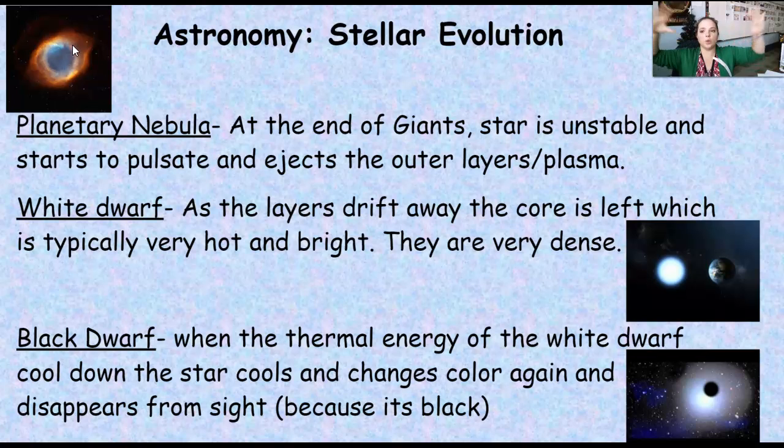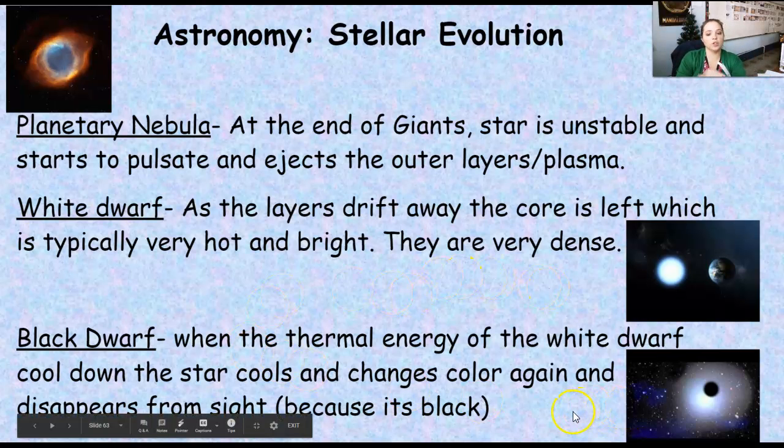And after all those layers drift away, only the core is left, which is typically very, very hot, very, very dense, and that's a white dwarf. And then after the white dwarf, you get the black dwarf. When the thermal energy of that white dwarf cools down as far as it can go, it changes color again and disappears from sight. It becomes a black or brown dwarf because you can't see it anymore. No more energy coming off of it.